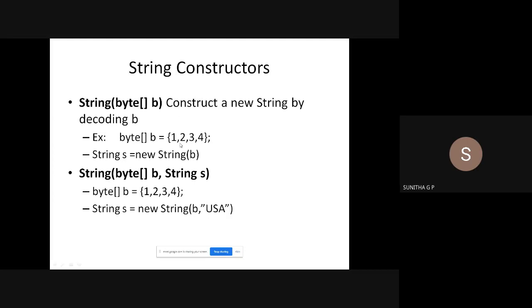The integer values are the ASCII values. The character and ASCII value mapping will be done, and whatever values you have passed in this byte array, the respective characters will be concatenated and a string will be created.